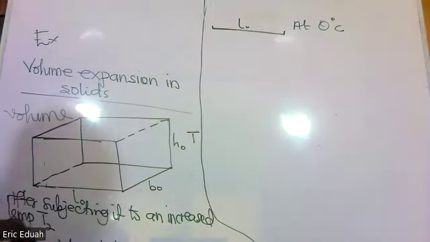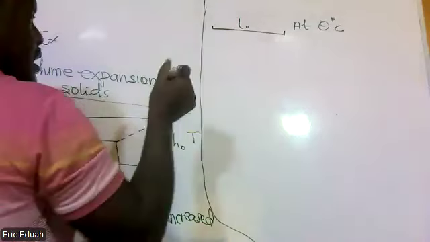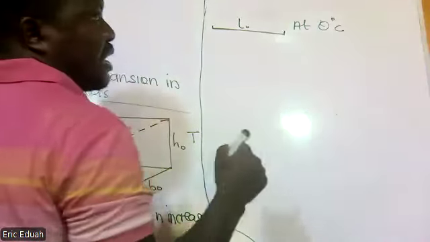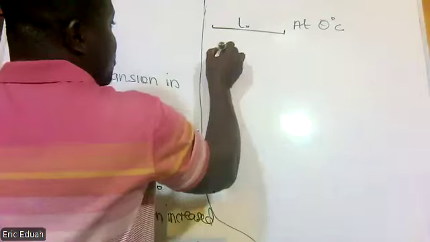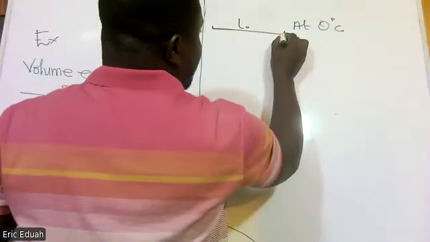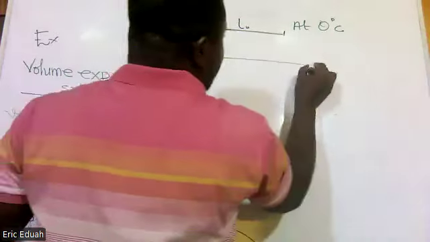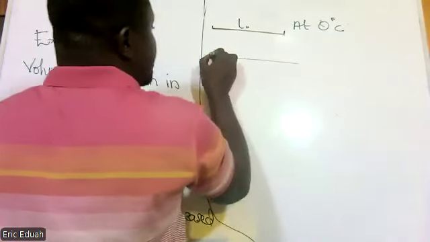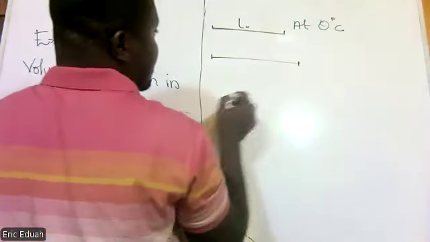So after the change in temperature, the length would be L1. Let's assume after it's being heated, the metal increased to a length like this.